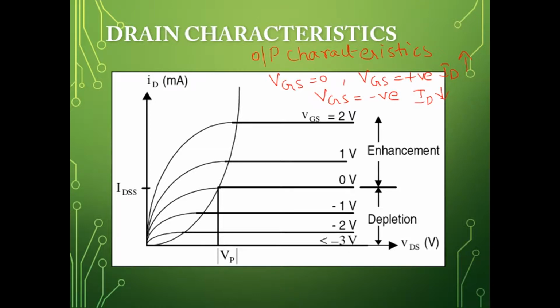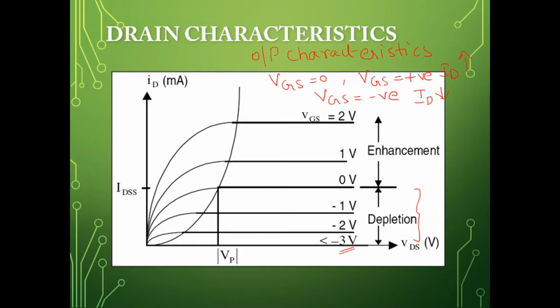Once it crosses the threshold, then the drain current will become 0. So if you observe here, VGS less than -3 volt, the MOSFET will not conduct. That means -3 volt is our pinch off voltage or the threshold voltage to which your MOSFET will conduct. So -2 volt, -1 volt, your device behaves like a depletion. If it is 0 also it will conduct, if it is positive also it will conduct.